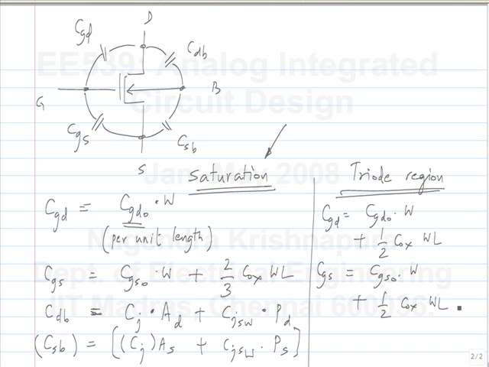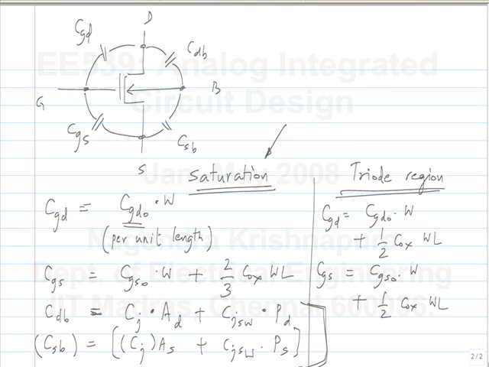So, the channel capacitance is divided equally when lumping it to the drain and the source. Okay. And what happens to these two capacitances? They remain the same because nothing has changed with the junction. So, mainly there are 4 capacitances and the values can be calculated in saturation region and triode region using these models approximately, right.